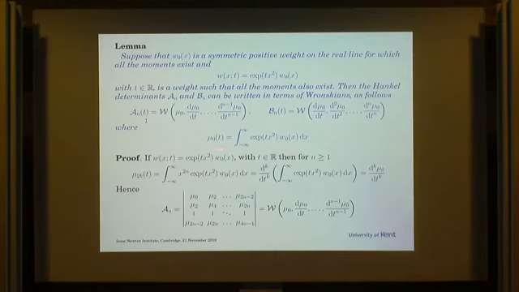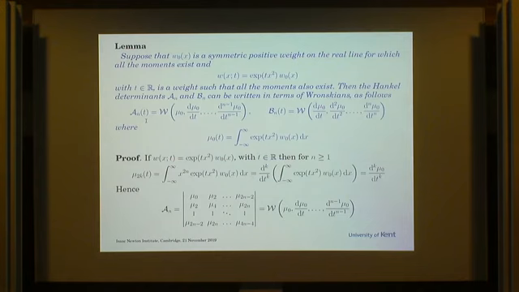So all you then need to work out is mu naught, and then you have the answer to the problem. And the proof is entirely trivial. If you assume that you can interchange differentiation and integration, then clearly mu 2k is the k-th derivative of mu naught. And so the Hankel determinant then just becomes a simple Wronskian.